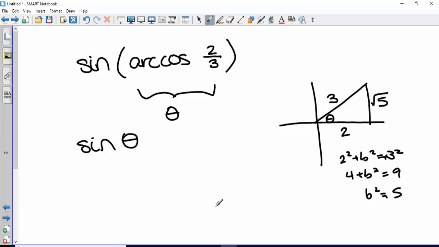So this side would be the square root of 5. So if I said the sine is opposite over hypotenuse, so that would be radical 5 over 3.